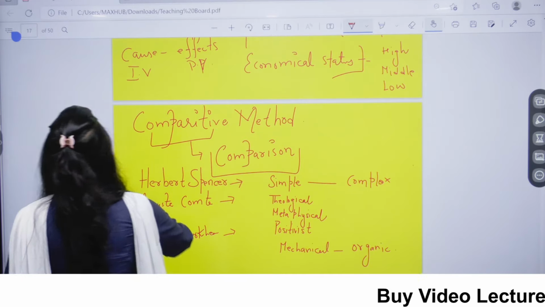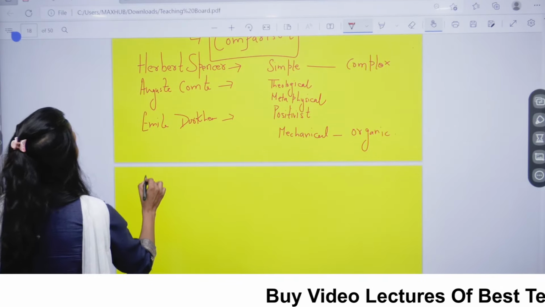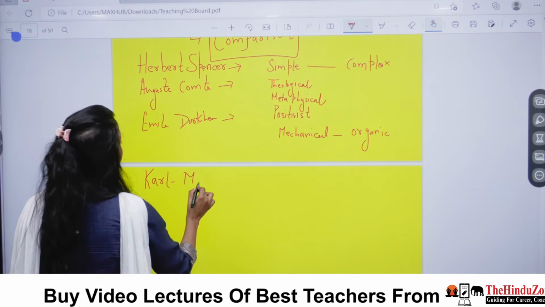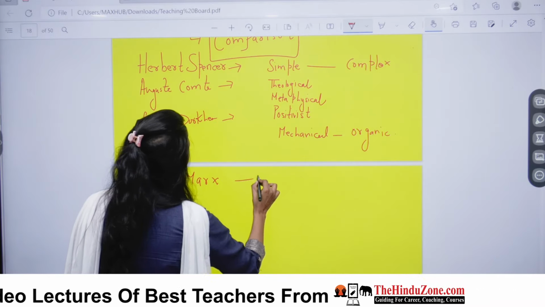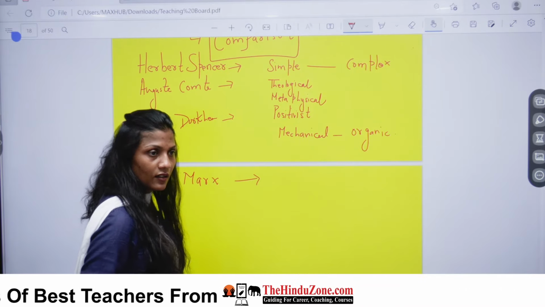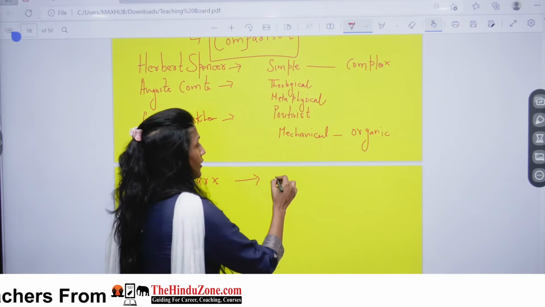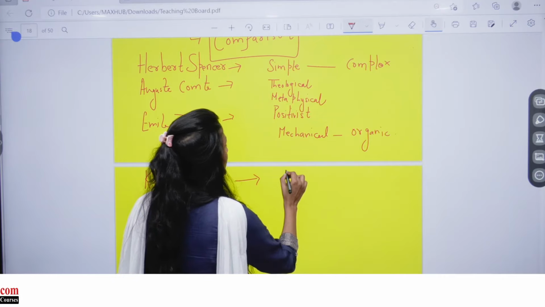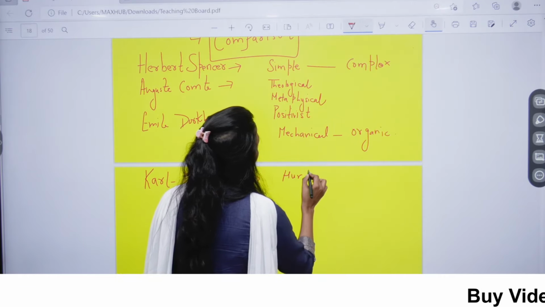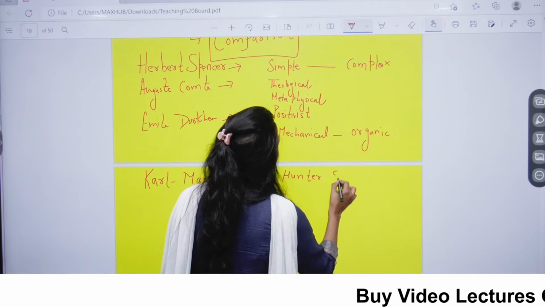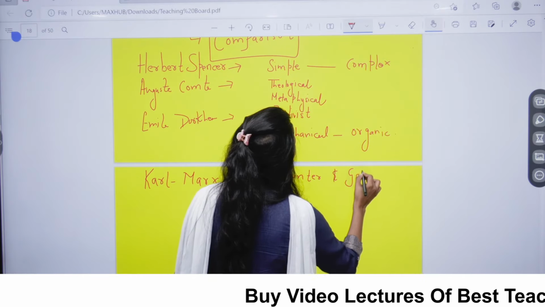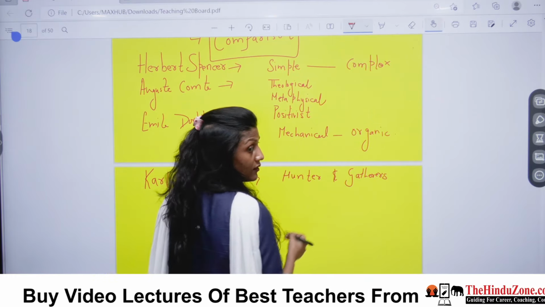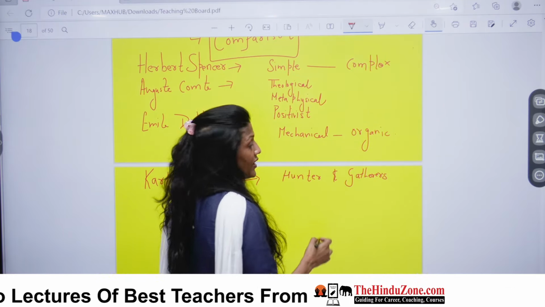Okay. So Karl Marx, let me complete. Karl Marx is also understanding societies and comparing. He has used historical societies, for example, the hunter and gatherer society. Then after hunter and gatherer, we have pastoralist.